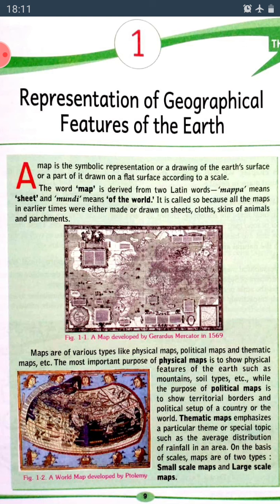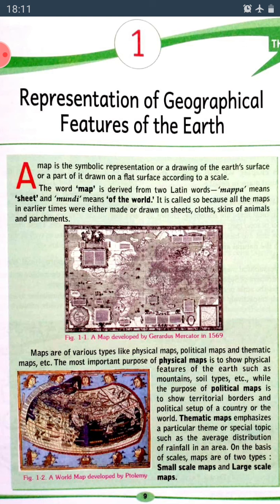Now the third type of map is the thematic map. To show a particular theme on a map, a thematic map is used. So this particular theme may be a crop. So to show the crops in India, it may be grains, it may be vegetables, or it may be wheat, rice, maize.